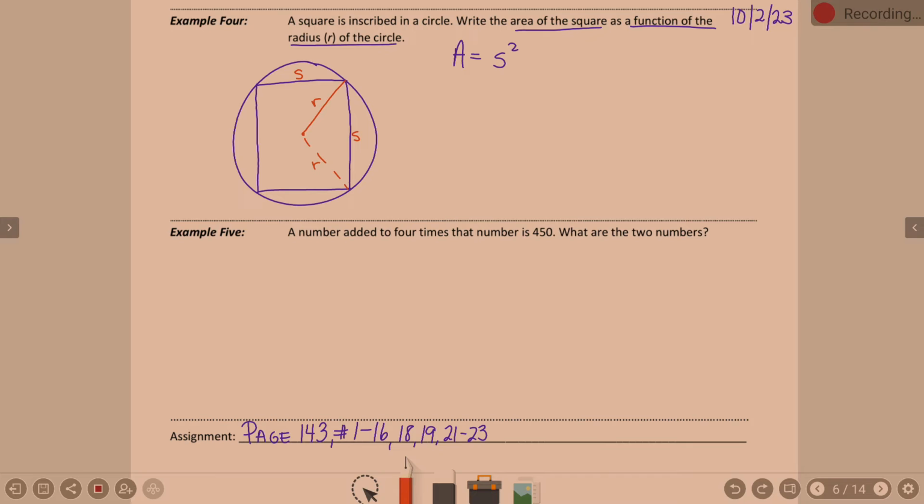Is that what you were asking? No, that's not the exact connection. Would it be the same length as the side? No, it's not the same length. It's not a fourth. What I'm looking for here is an equation I can set up that would connect the radius and the side. What do those radiuses and sides make?